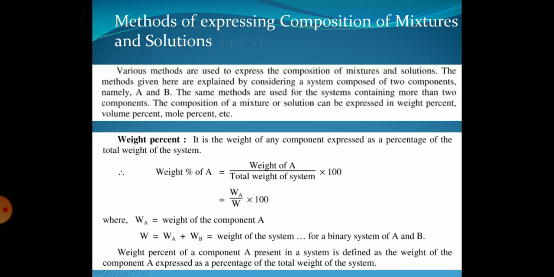So the weight percent of component A present in the system is defined as the weight of component A expressed as a percentage of total weight of the system.